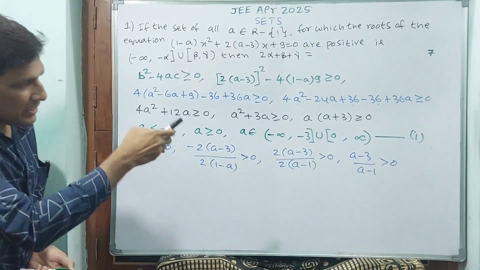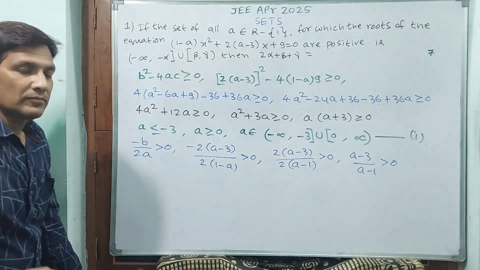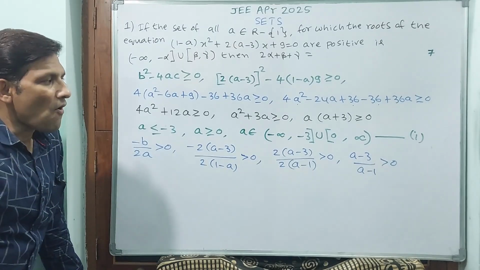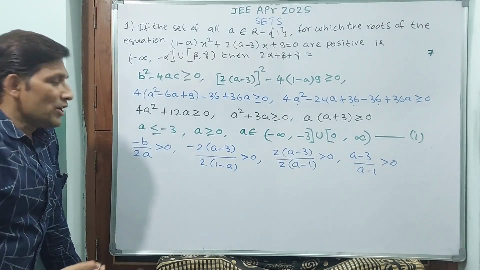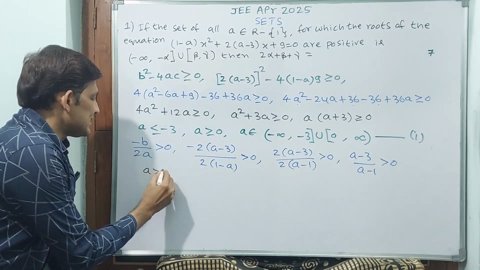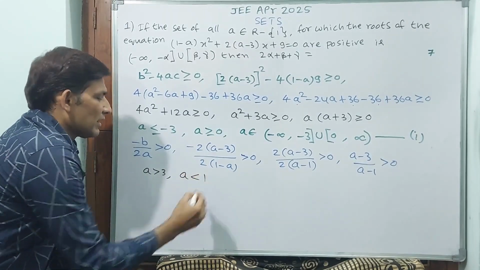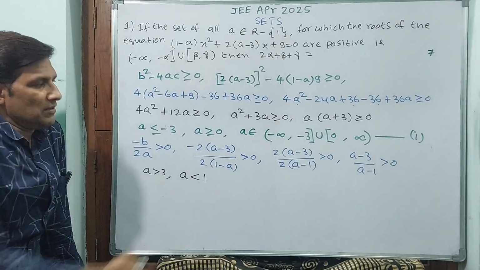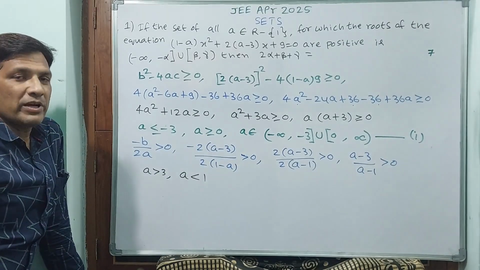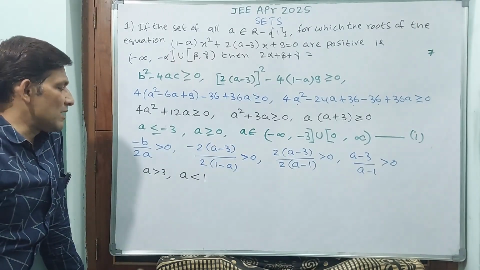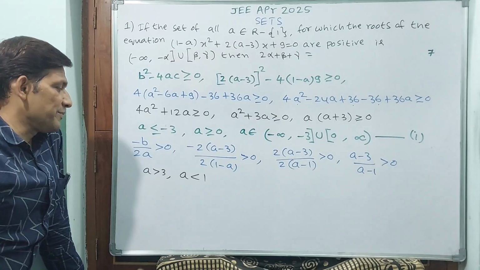Now what do you understand from this? a should be greater than 3 and a should be less than 1. That is, a should be less than 1 or a should be greater than 3.